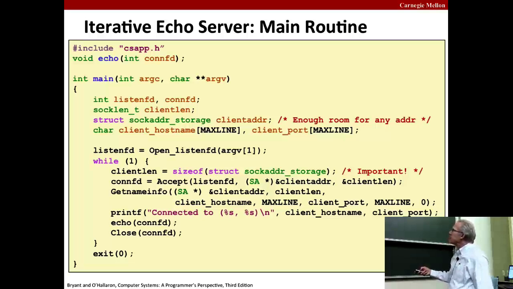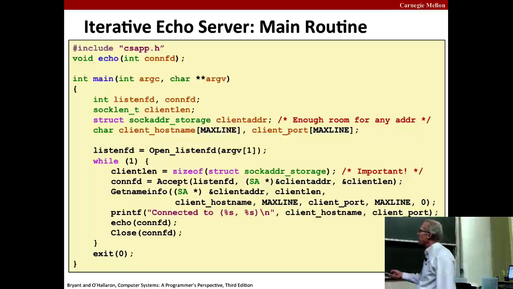And it will come back with the domain name of the client. And that's what you saw how it printed out when the connection was formed, where that connection was coming from. So all this business here is used to support that feature of being able to print out what's the host name and what port am I using.